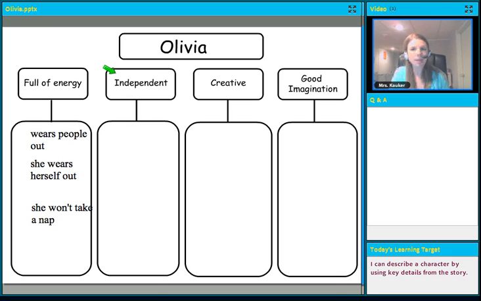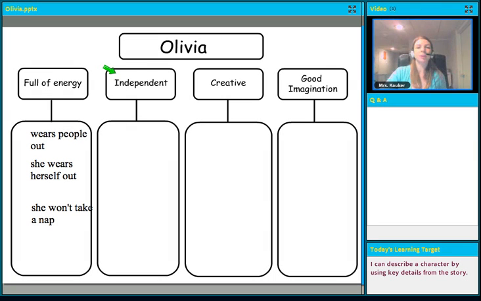Can you guys help me with this? What do you guys remember about Olivia that would say that she was independent? She could do things by herself. Do you remember any parts of the book? Let me turn to a page and I'll show you a part that I thought might help us out.